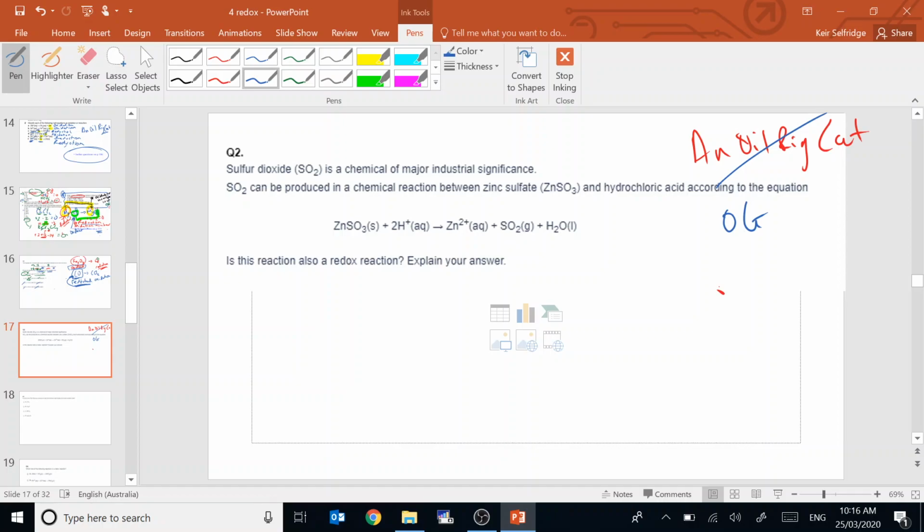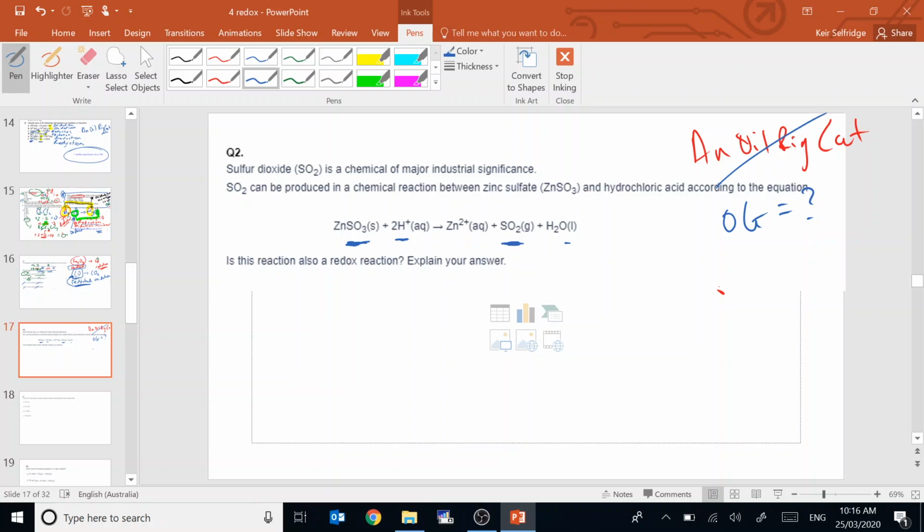Now this is interesting. I can see oxygens here and I can see oxygens here, so it looks to me initially like H was sitting here and maybe it picked up some oxygen, so maybe that's oxidation. There's an SO3 here and maybe it's gone to SO2. The OG, yeah, maybe I could justify that.